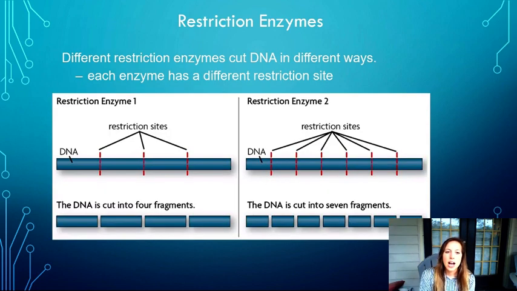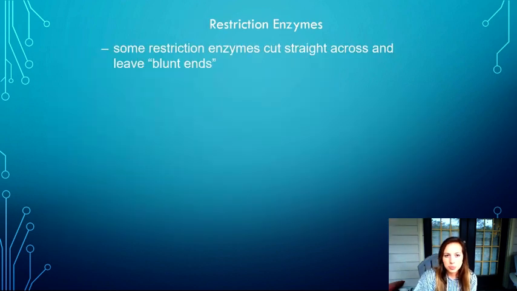So you can see here, restriction enzyme 1 would end up cutting the DNA into 4 fragments, where restriction enzyme 2 would cut it into 7 fragments. This doesn't mean that the restriction enzyme is set to cut into 2 fragments or 4 fragments or 7 fragments. It's looking for those bases in order, those sequences, and that's where it's going to cut. It's not really about how many it's cut into.